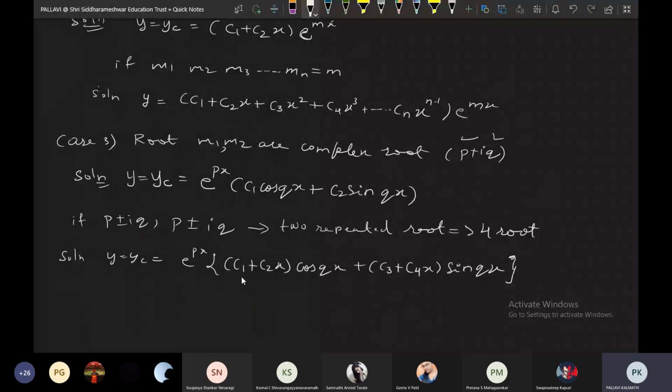Four roots means how many constants? Four constants, c1, c2, c3, c4. Since they are repeated, you write it as (c1 plus c2 x) into cos qx plus (c3 plus c4 x) into sin qx. Okay, you have to take e raised to px common. So is it clear all of you? How to write the solution for each type of root?